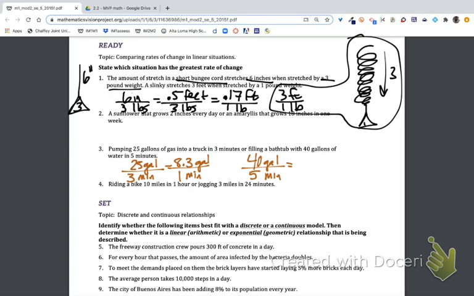And when we divide that out, we get 8 gallons in 1 minute. Pretty good, but 8.3 gallons per minute is going to be flowing at a faster rate. That's why we're setting up these unit rates, to be able to figure out how much is happening in 1 minute or 1 pound or whatever it might be.